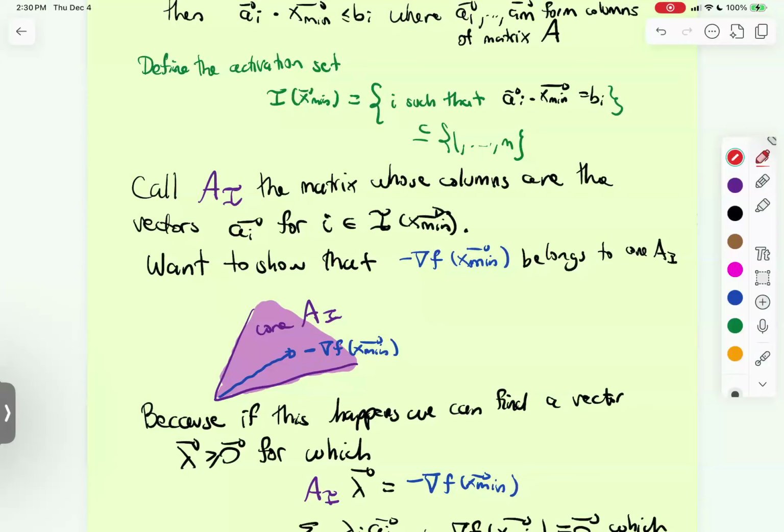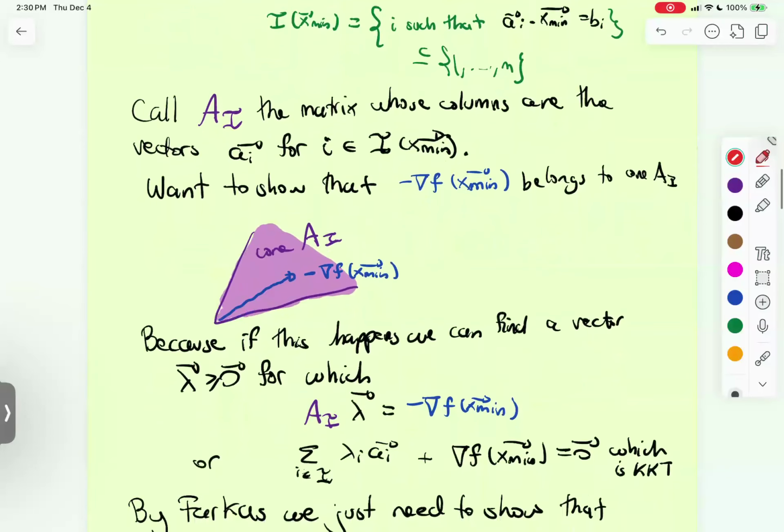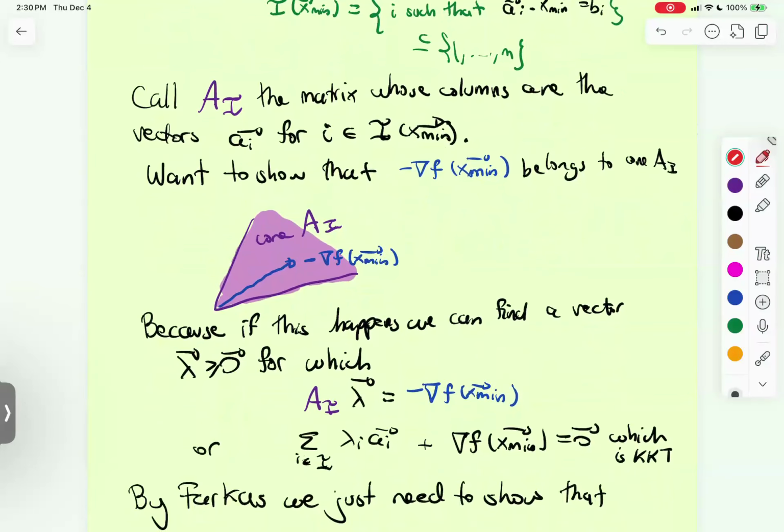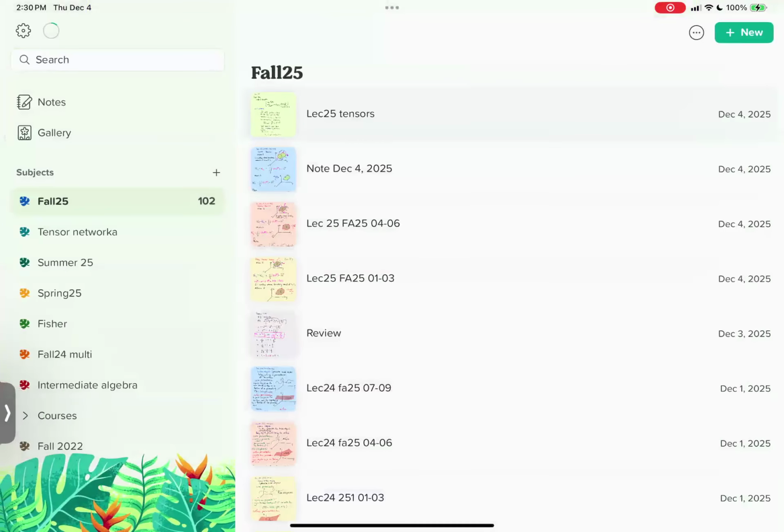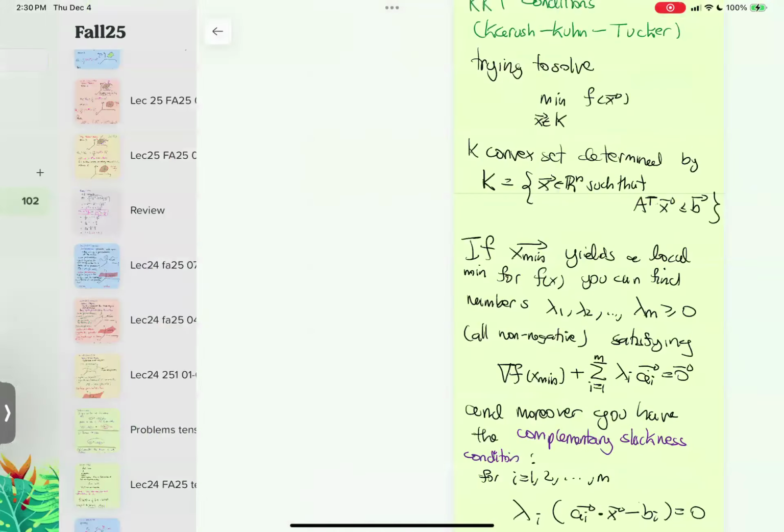How do we show this? This is where the Farkas lemma is a fun thing. To show it, maybe I should go back to what Farkas lemma said for a moment: there are only two possibilities, which, if you draw the picture, looks very clear.